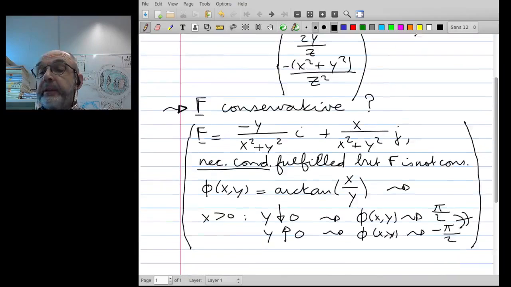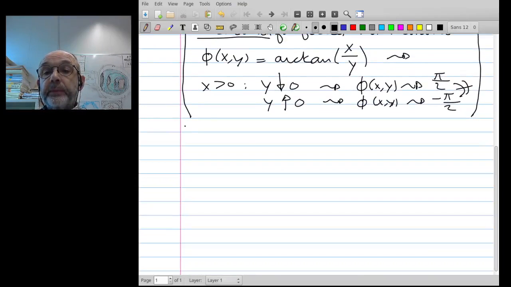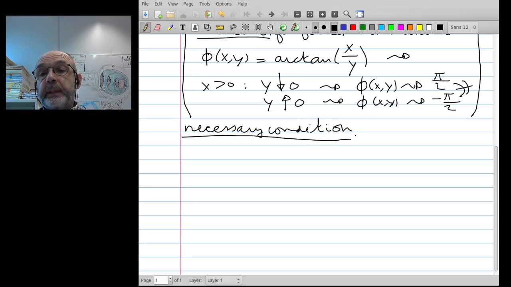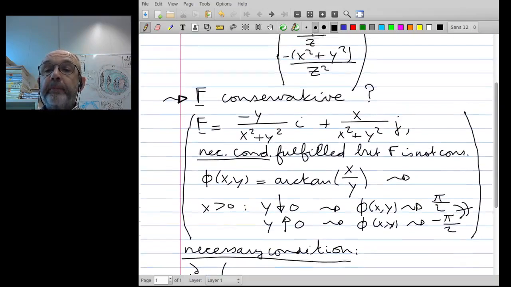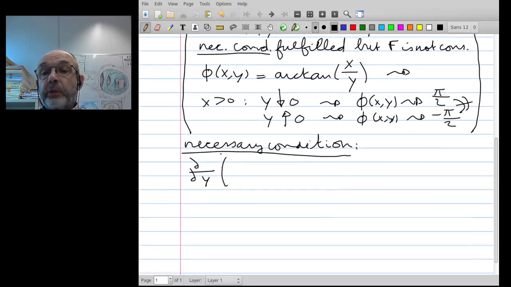All right, the necessary conditions. That has to do with all those derivatives. Now, what do we know? What has to be done? The first component differentiated to y. The first component, that is 2x divided by z, has to be equal to the second component differentiated to x.